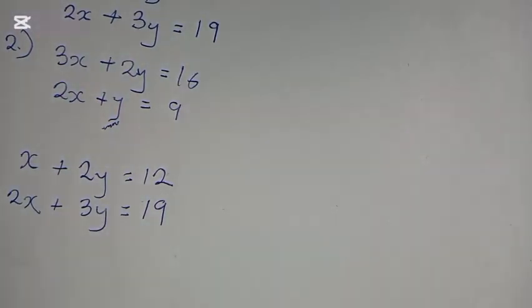So what we're going to do first now is we can pick any one. We just have to find the situation where x or y is standing on its own. So you make x or y the subject of the formula, and you make it in a way that the x or the y won't have any number together with it, something like this.